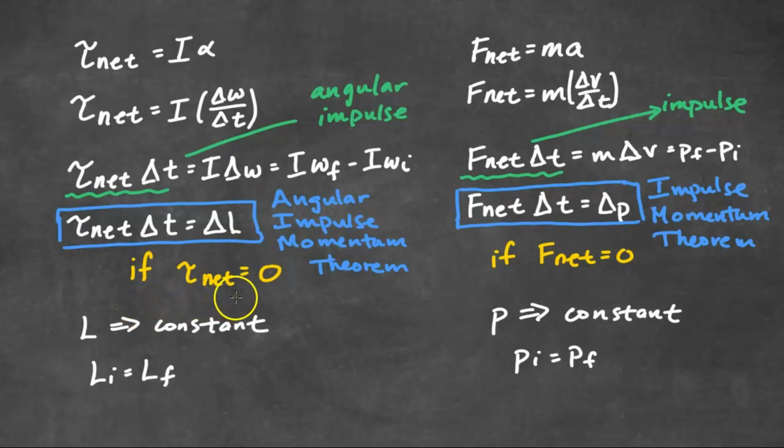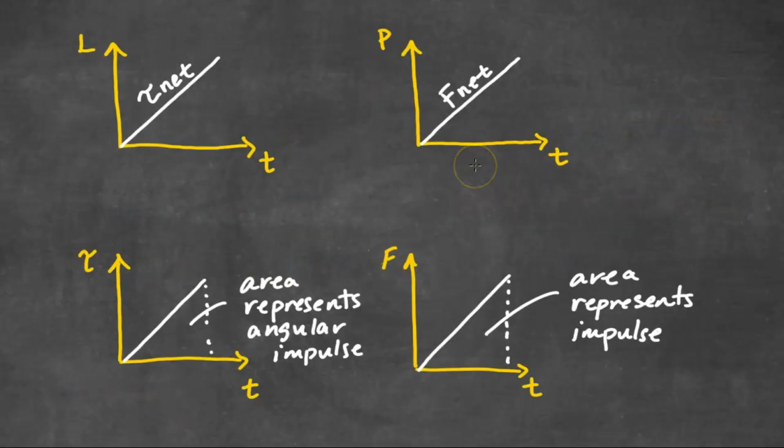Now, if the net torque is 0, then the angular momentum is going to be constant. And if the angular momentum is constant, we can state that the initial angular momentum is equal to the final angular momentum.